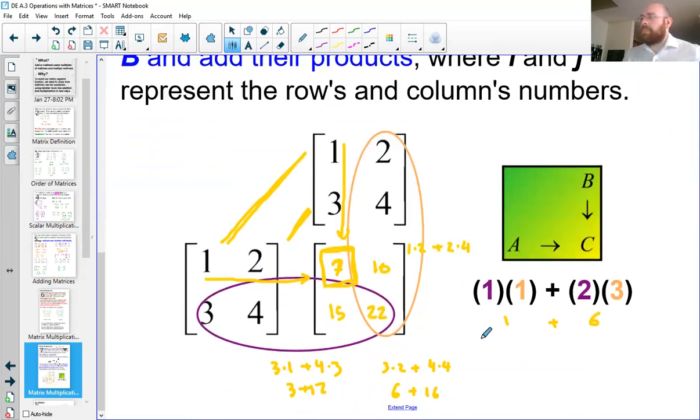And you might be wondering, why? Why do we multiply matrices like this? And the simplest and yet most frustrating answer I can give you is because that's the way we said it should work.